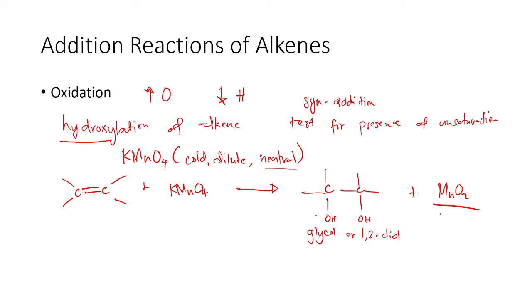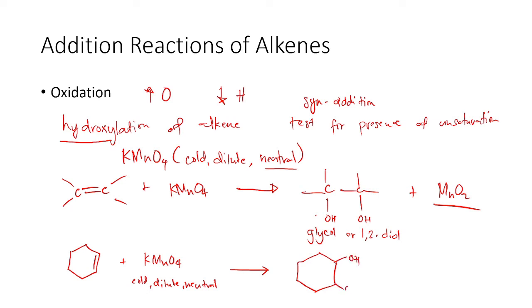So basically, if we have here our cyclohexene again, and we added our cold, dilute, neutral potassium permanganate, we will have here a diol, which is actually our hexane as our alcohol, plus our MnO2.